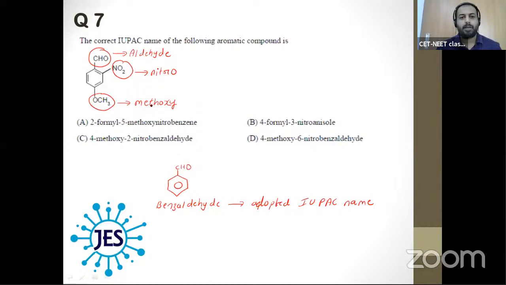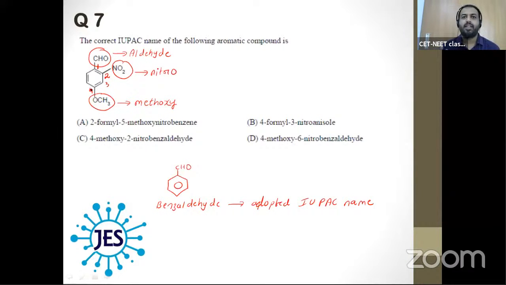Methoxy and nitro. Now numbering part comes in. How do you number it? The carbon with the aldehyde functional group gets the lowest number 1. Then you start numbering the other substituents: 2 for nitro, 3 and 4 for methoxy. So numbering is done. Next is listing them.